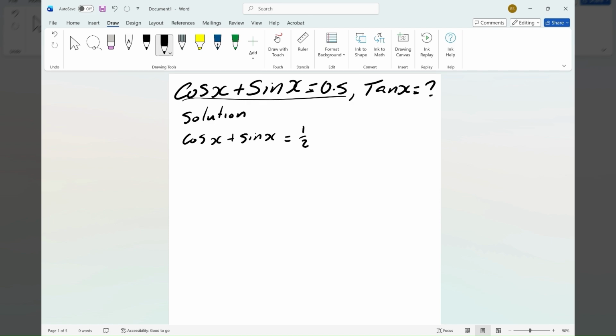Let's square both sides. So we have (cos x plus sin x) all squared is equal to (1 upon 2) all squared.